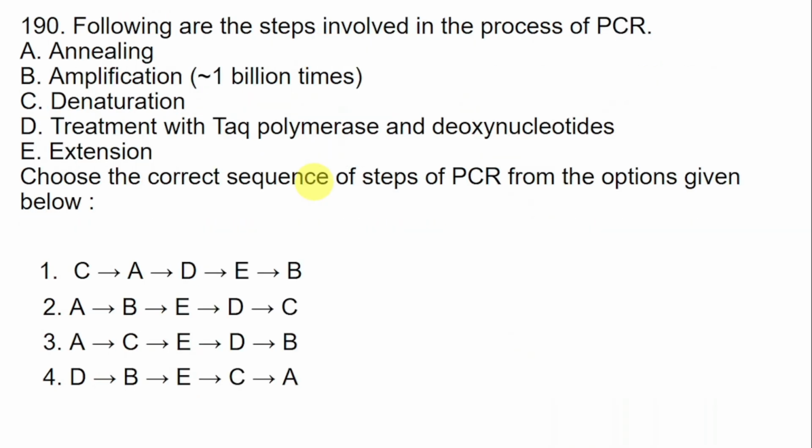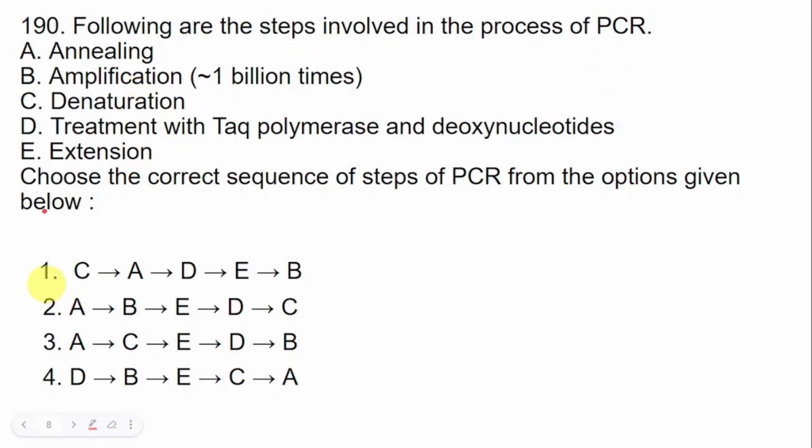Next. This is multi-statement, but there are just one word. So we can attempt this. Following are steps involved in the process of PCR. So steps of PCR. First one, annealing, amplification, denaturation, treatment, and extension. So the mnemonic for PCR is DAE. Denaturation is the first one.